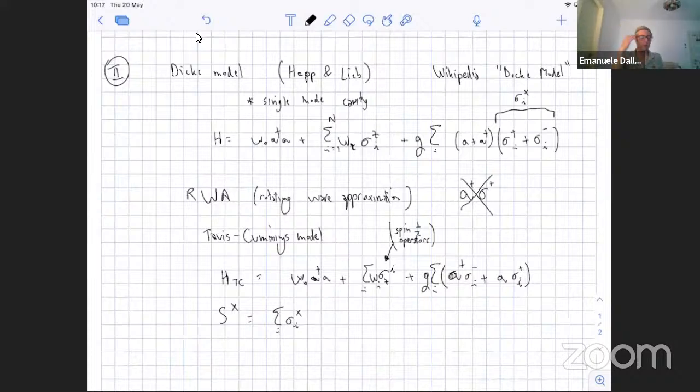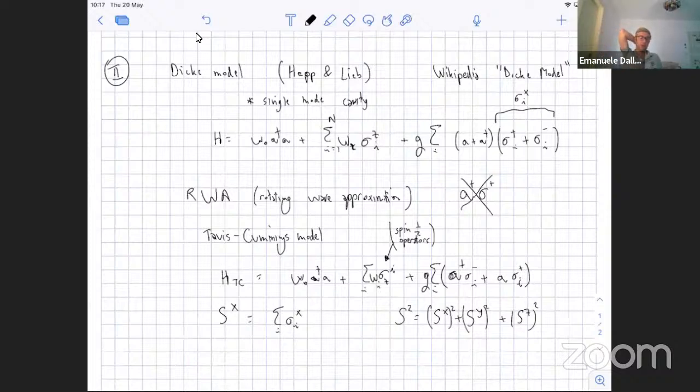In the same way, there is going to be a total Sy and a total Sz. There is also a large S squared, the size of the total spin, which is going to be Sx² + Sy² + Sz². This is the total spin squared.